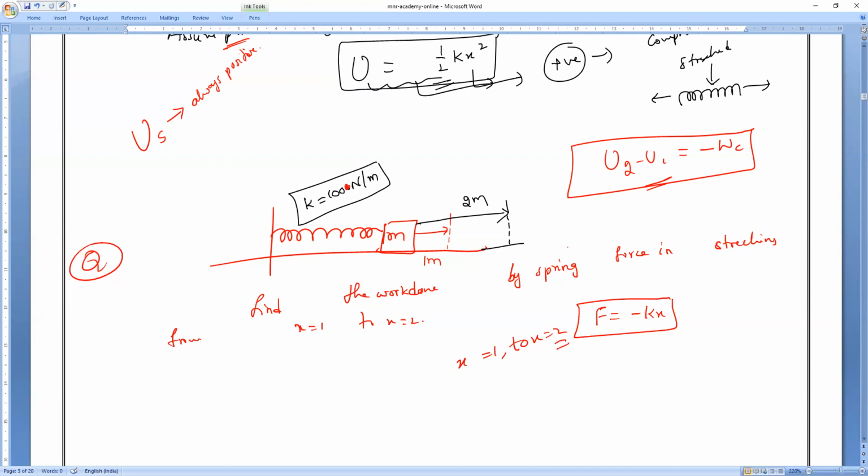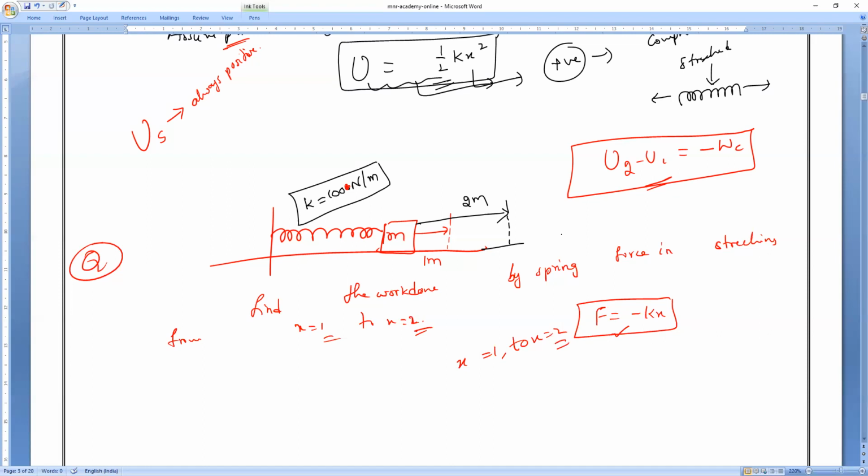The work done by the spring force in stretching from x1 to x2. You can see that it is moving from x1 to x2. We already know that F is equal to minus kx. Now tell me what concept you have to use to find the total work done by the spring.